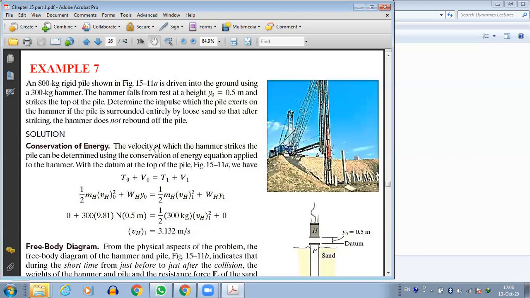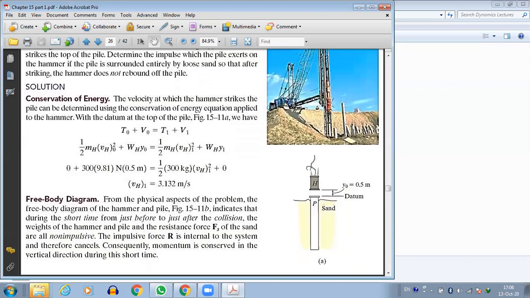So what's the problem? We have a pile, and we need to put the pile in the ground. We have a very huge hammer, and we pull the hammer up and then release it.